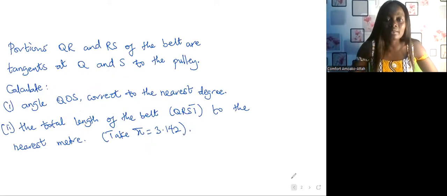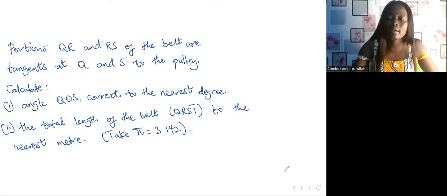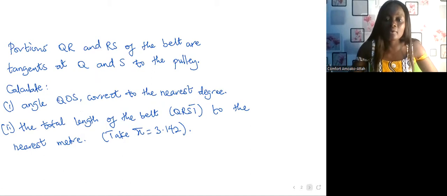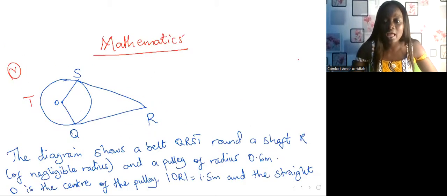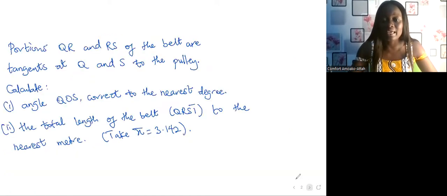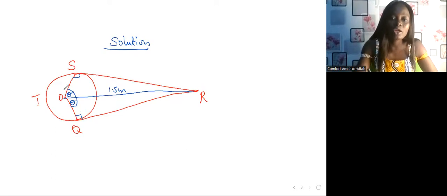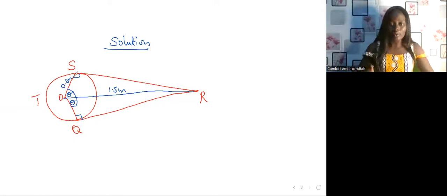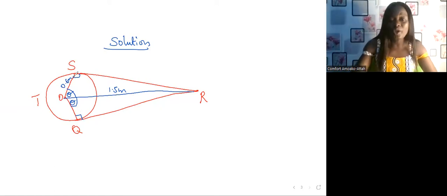Let's see from the question everything that you need. They gave us the radius of 0.6 meters. Great. Now, how do we find the angle over here?